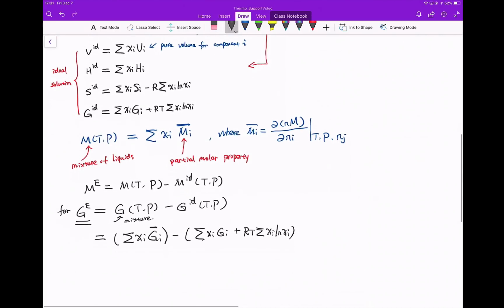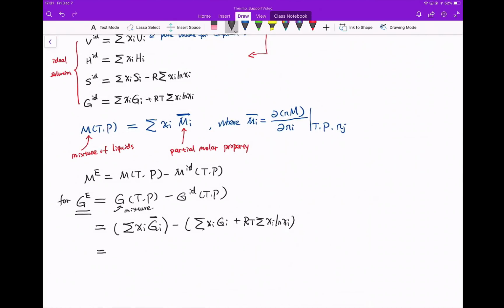If I reorganize these three terms, this is xi gi partial minus xi gi, and then minus RT summation xi log xi.